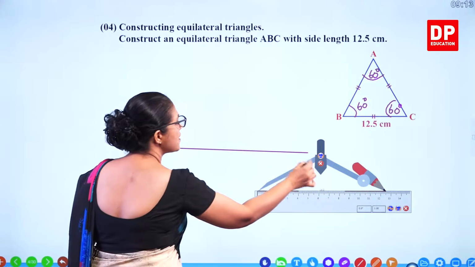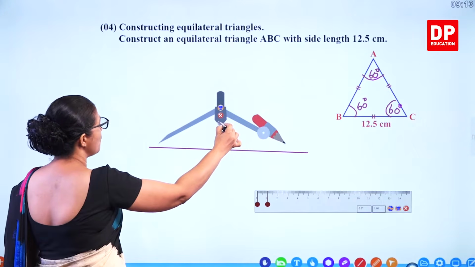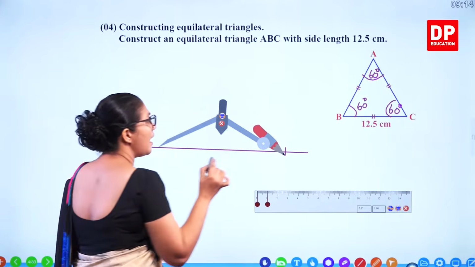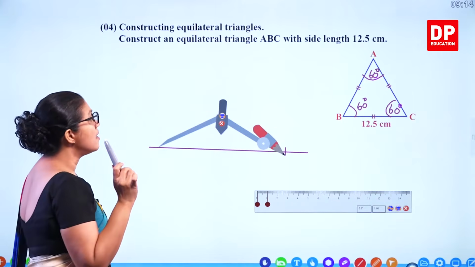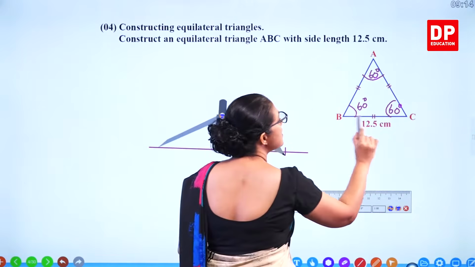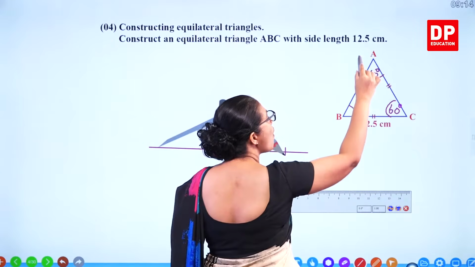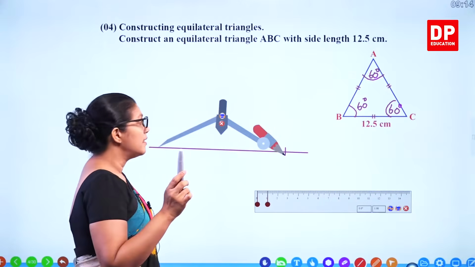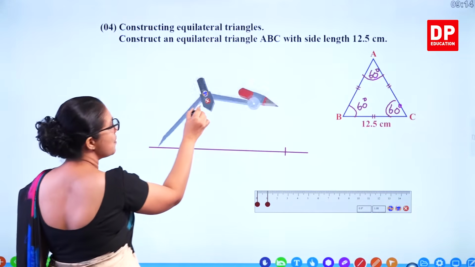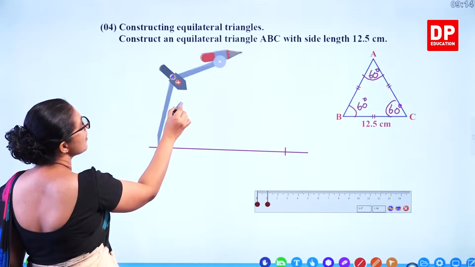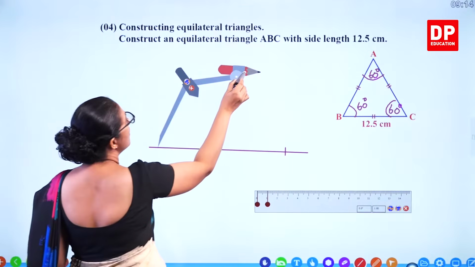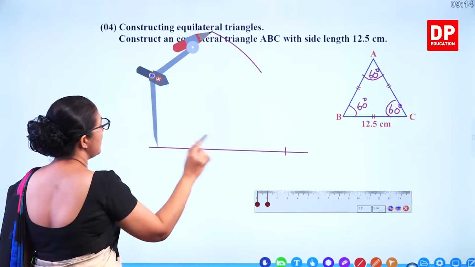So you can first keep on top of this line and you can mark the arc. And also you can mark another point somewhere here in between, because this distance and this distance all are equal. So you can do at once somewhere here in the middle, like you can draw an arc. Don't change the length.